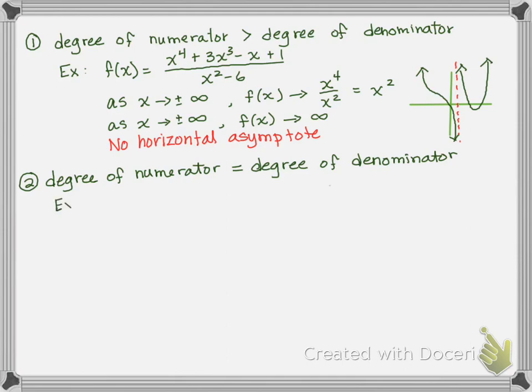So for example, let's do f of x equals 6x squared minus 3x plus 2 over 3x squared plus 5.